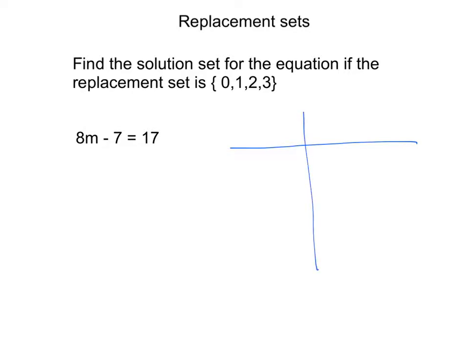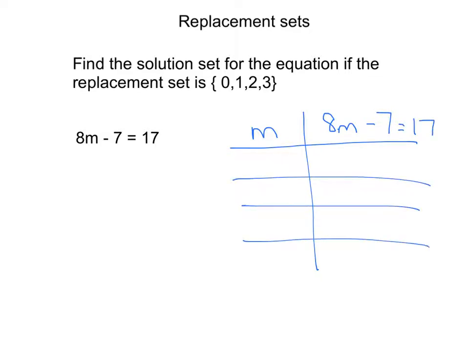It doesn't have to be perfect. You don't have to have a ruler. But we're going to say that m is our variable, and our equation is 8m minus 7 equals 17. And so then we just write in our sets of 0, 1, 2, and 3.